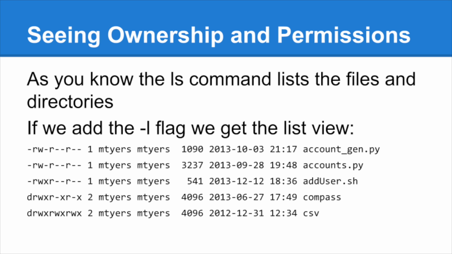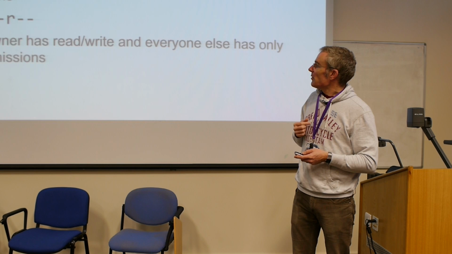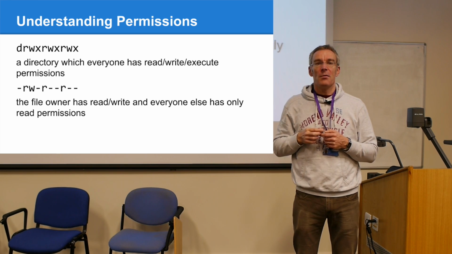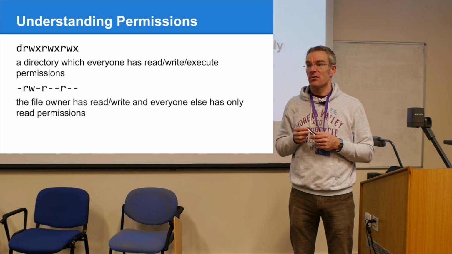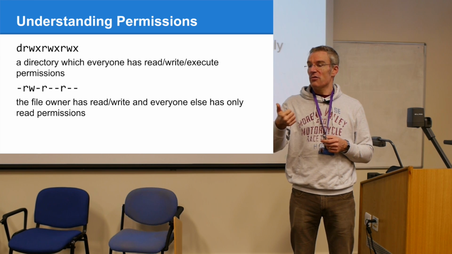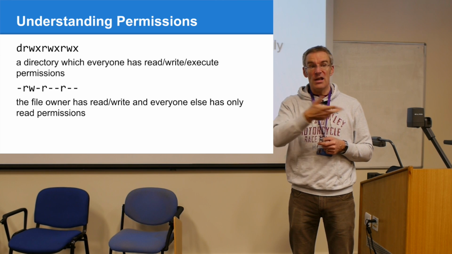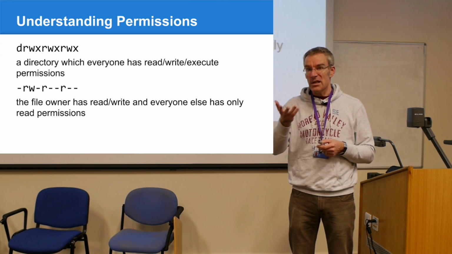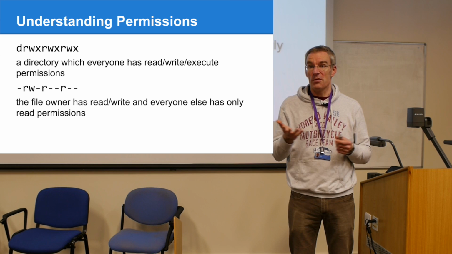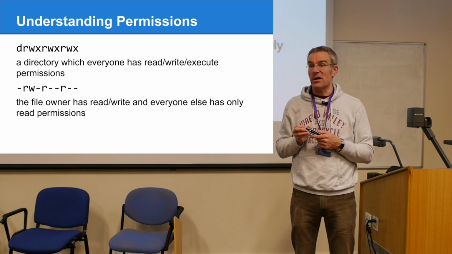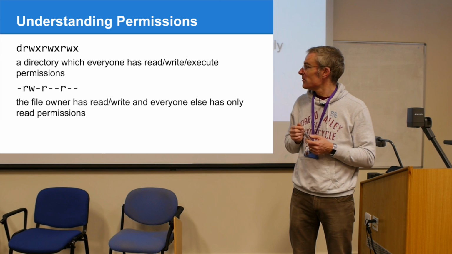So you see you've got RWX, RWX, RWX at the bottom there, okay? Well, basically, that bottom example there means everyone has full permission. The owner can read, write and execute, the group can read, write and execute, and everybody else can read, write and execute. So that's the least secure file you can possibly have. And that's sometimes called a 777 permission, and I'll explain why in a minute.